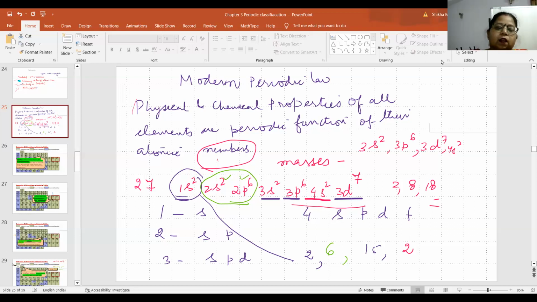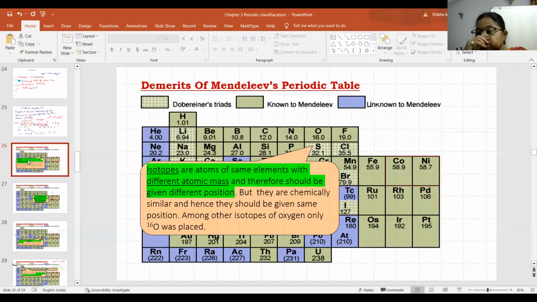Right. I'll now quickly go through the defects because this chapter, as I told you, may sound pretty theoretical to some students, but it definitely carries 2 to 3 marks directly in your exams, in the form of a reasoning question or asking you to write certain facts about Dobereiner, Newlands or Mendeleev.